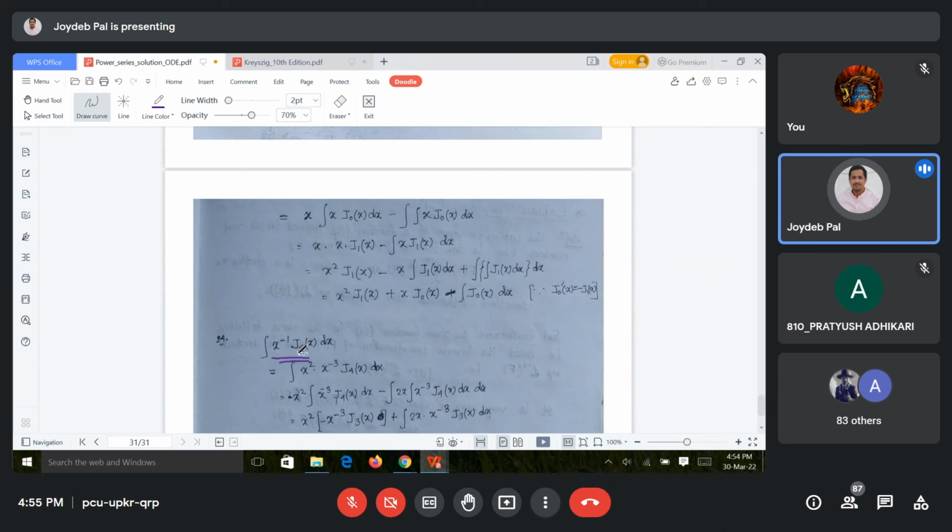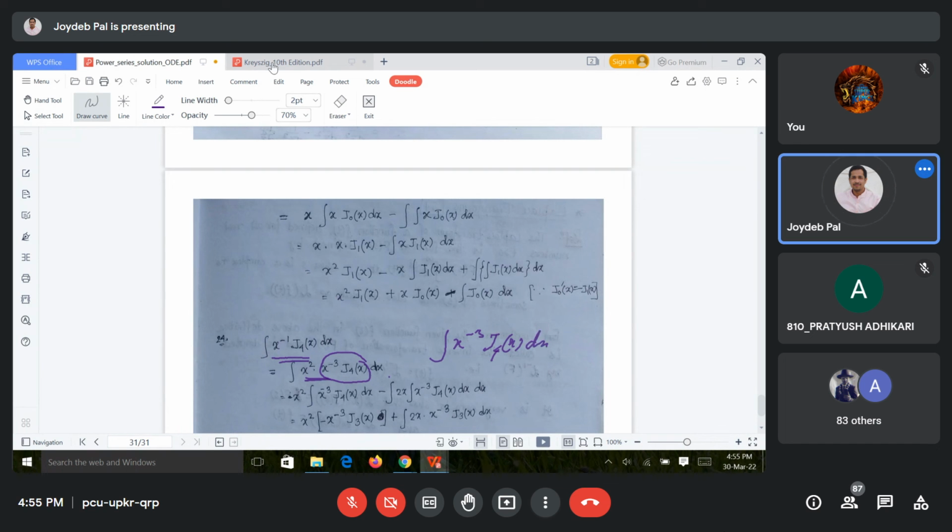You cannot integrate it directly because there is no formula in that form for any particular nu. So we adjust this integrand in that way: x square into x to the power minus 3 J4 x dx. x square into x to the power minus 3 means x to the power minus 1. Now there is a formula for x to the power minus 3 into J4 x dx.